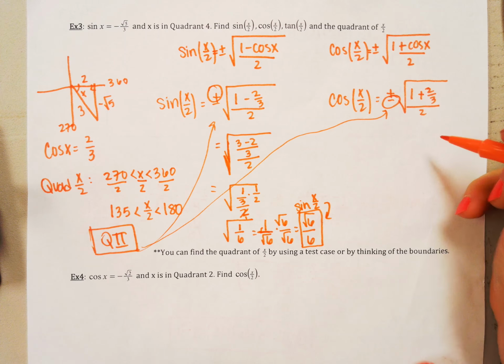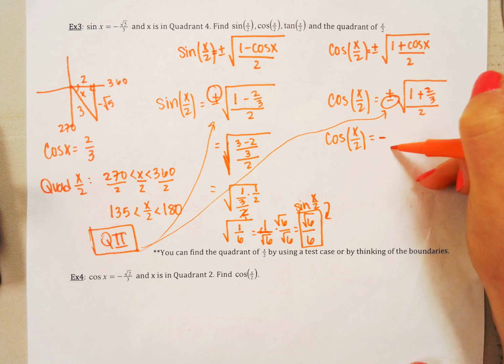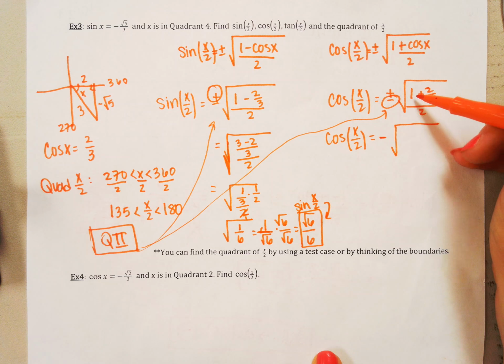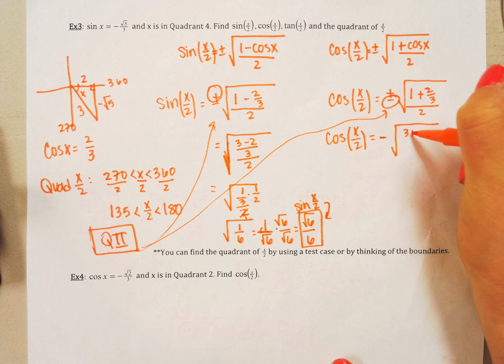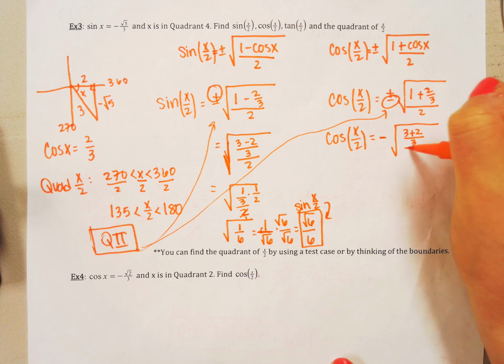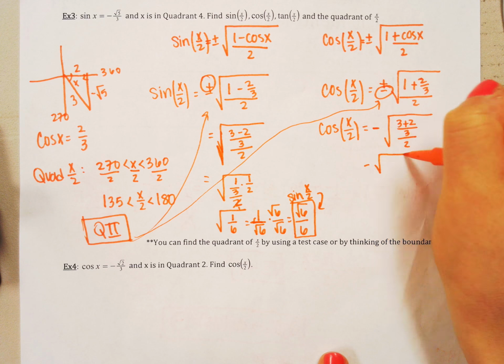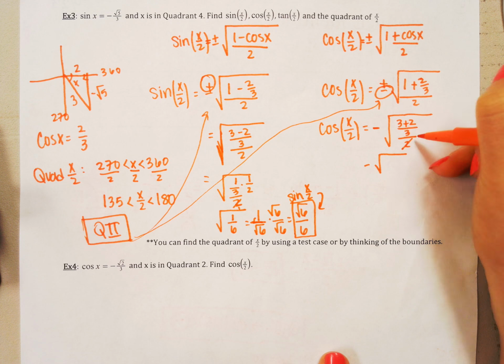And I'm going to do the same thing for my cosine. Sorry, I went through that a little bit fast, but it's the same steps as the front. I have a negative in this case. When I come up with this common denominator again, I have to multiply by 3 over 3. So I have (3 plus 2 over 3) all over 2. And when I multiply by the reciprocal, I'll get 5 over 3, and then we multiply by 1 over 2.